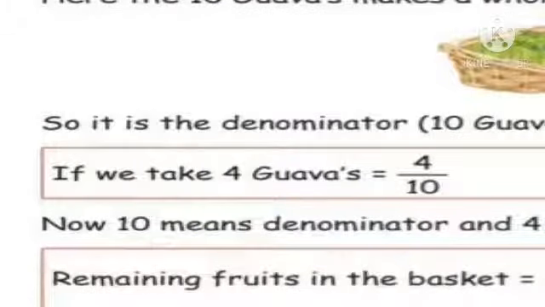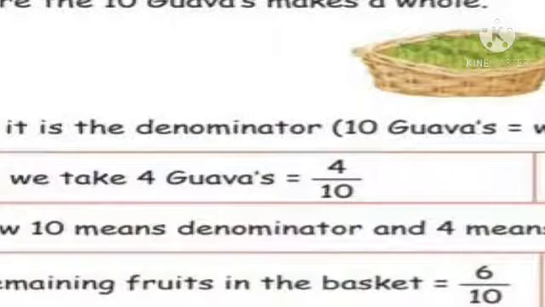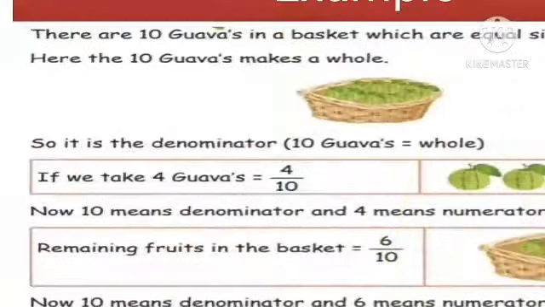If we take 4 guavas from that 10, where does the 4 have to come? Yes, it has to come in the numerator. So if we take 4 guavas, the answer is 4 by 10. So 10 means denominator, and 4 means numerator.